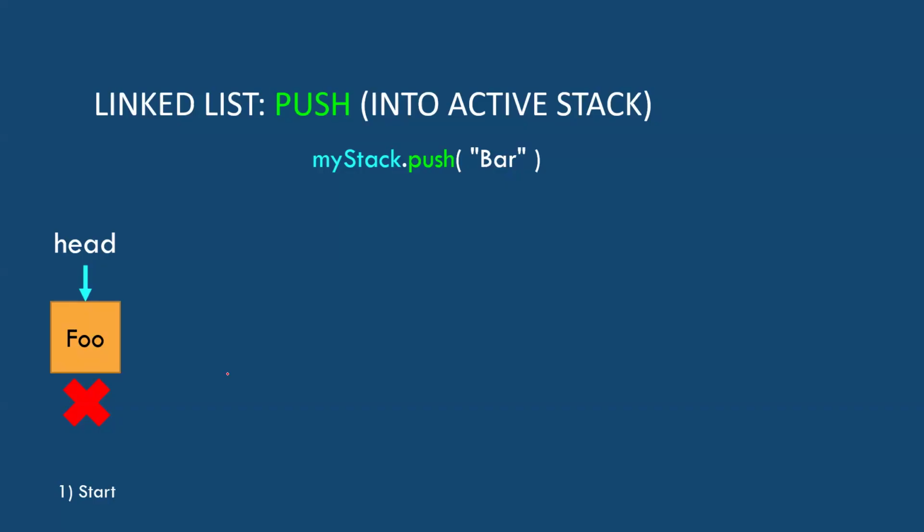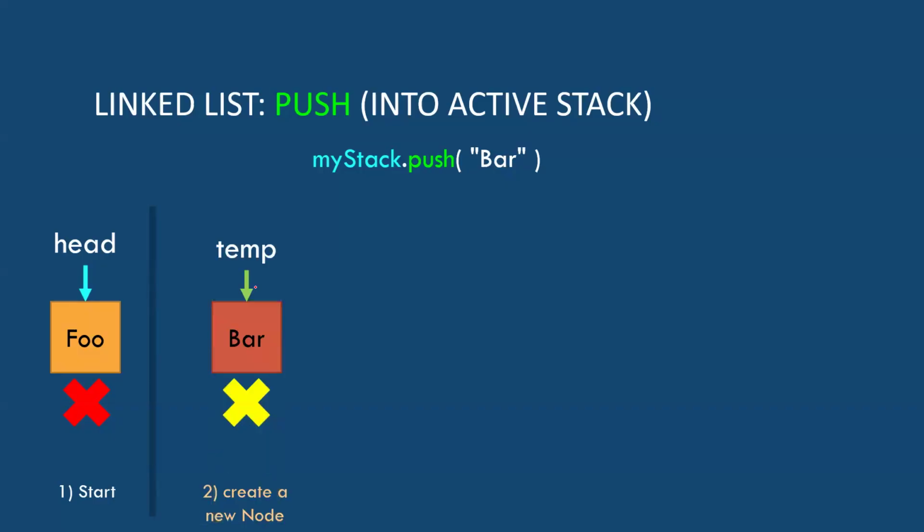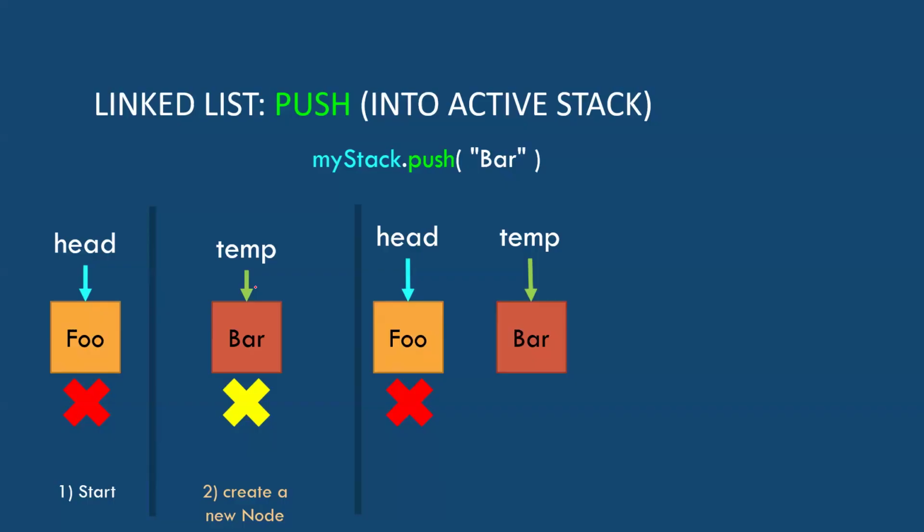If I had something already in the stack called foo and head is pointing to it, and I want to connect another thing on top, it's a two-step process. First, I create the new thing, right? Then I'm going to redirect the next pointer on the new thing to point to what the head is pointing to. So temp next equals head. That's what that's doing.